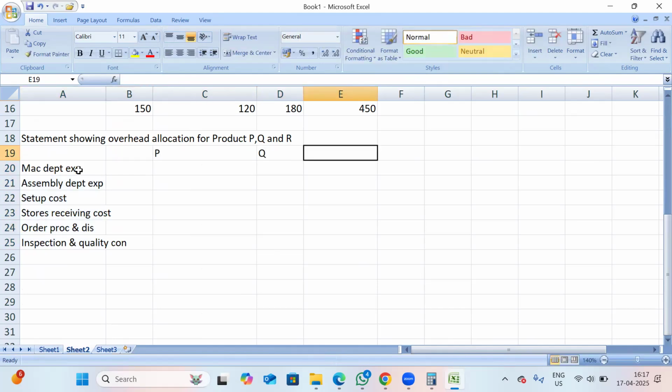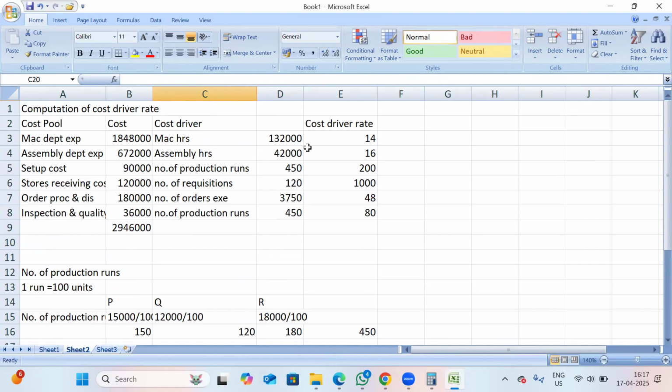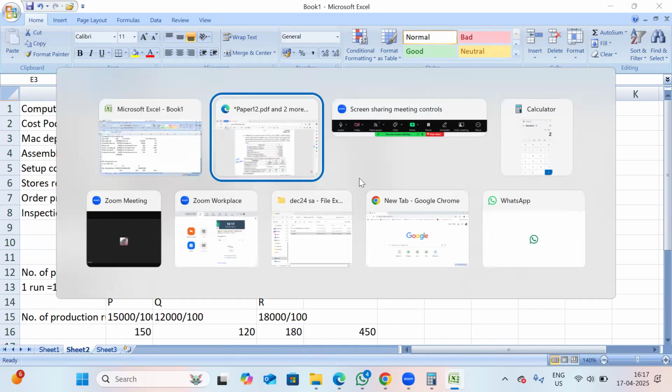So P, Q, R. Here I already calculated the cost driver rate, 14. So here we need to multiply with the number.